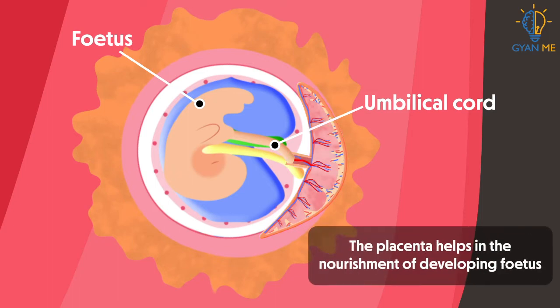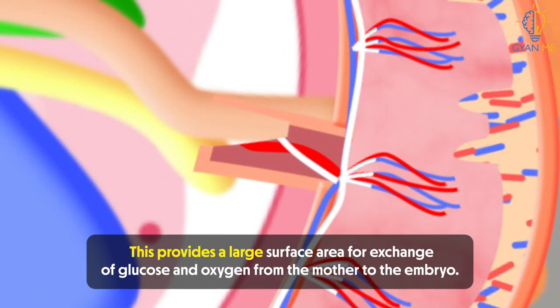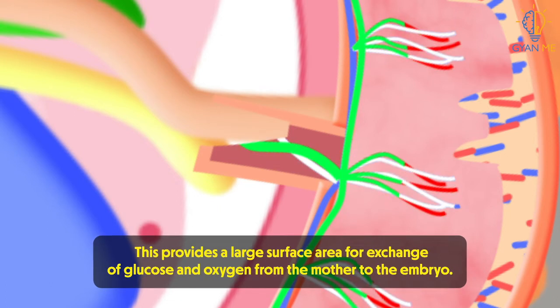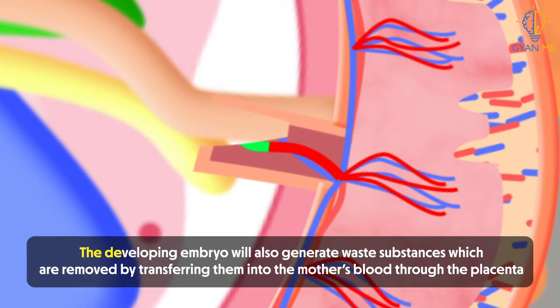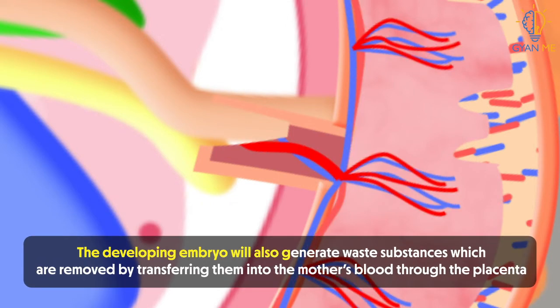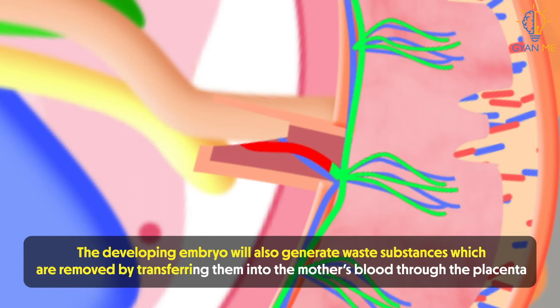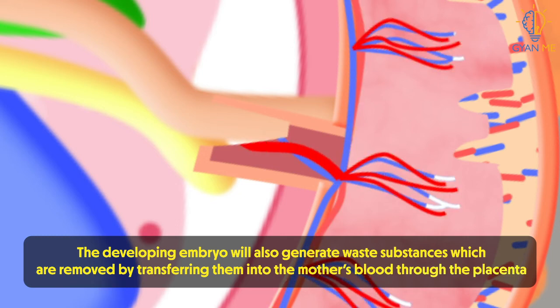This placenta helps in the nourishment of the developing fetus. It provides a large surface area for the transfer of glucose and oxygen from the mother's body to the embryo. Not only this, the developing embryo also generates waste substances which are removed from the fetus to the mother's body via blood through the placenta.